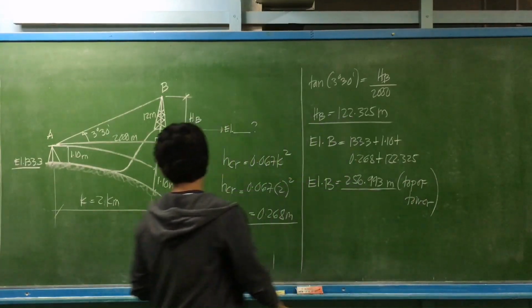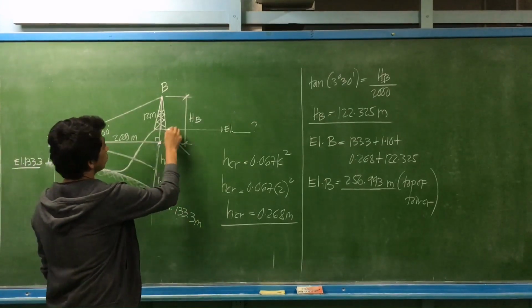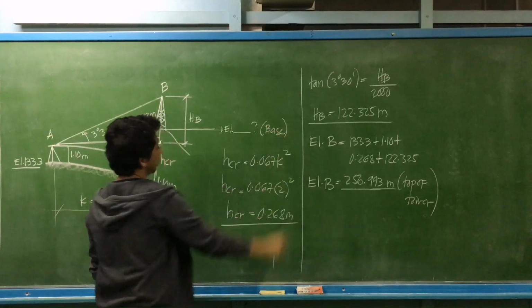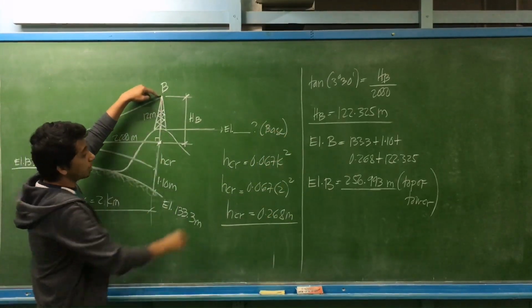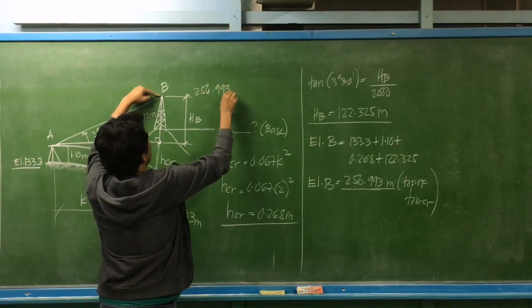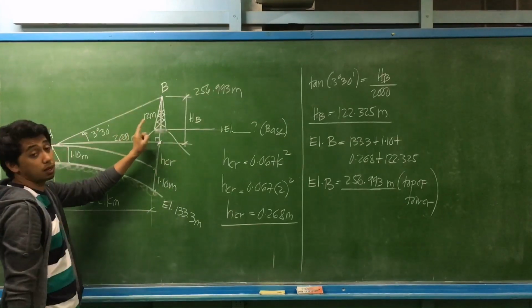Yan. Paano natin kukunin yung elevation ng base? Okay? So, ito yung elevation ng base. How to compute for that? So, gagawin lang natin, kung ito ang elevation niya is 256.993 meters, anong gagawin para marating yung base? Ibawas natin yung height.